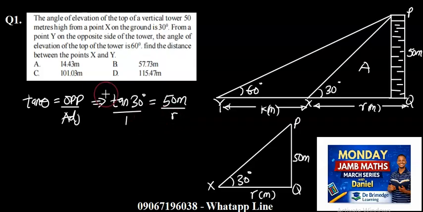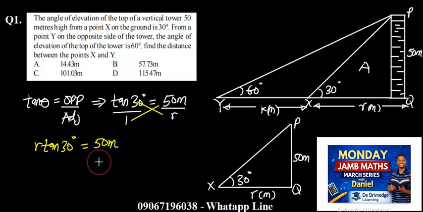Take note, we go this way: this times this, and this times this. So tan 30 degrees times R is equal to 1 times 50 meters.